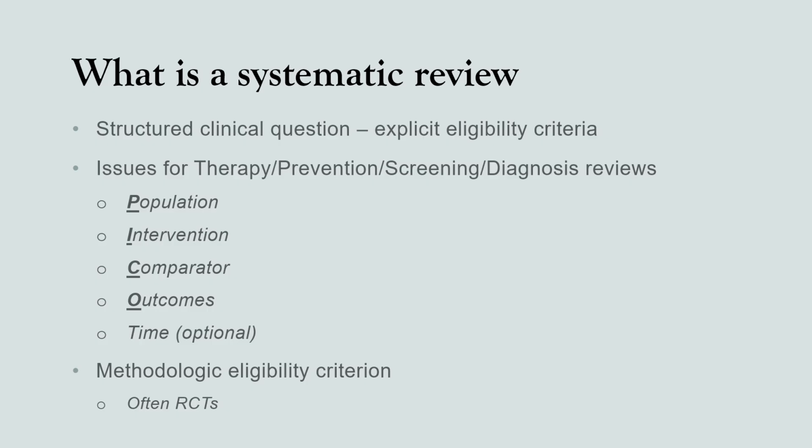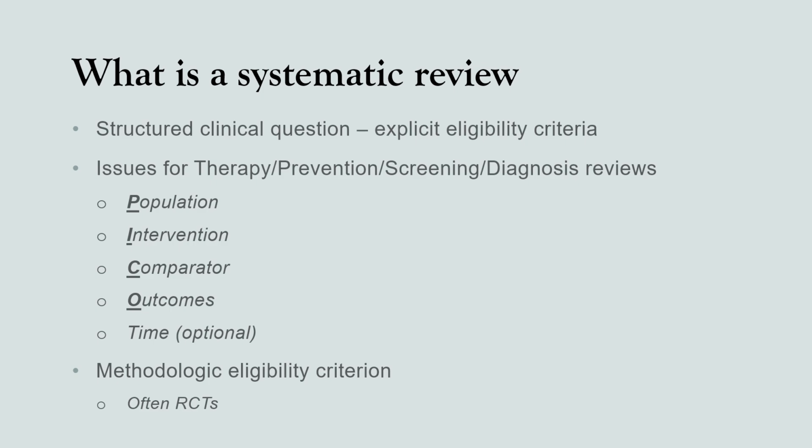By clearly defining the structured research question, systematic reviews enhance transparency, reproducibility, and validity. This structured approach will enable researchers to systematically identify, select, and synthesize relevant evidence, ultimately facilitating evidence-based decision-making in healthcare.